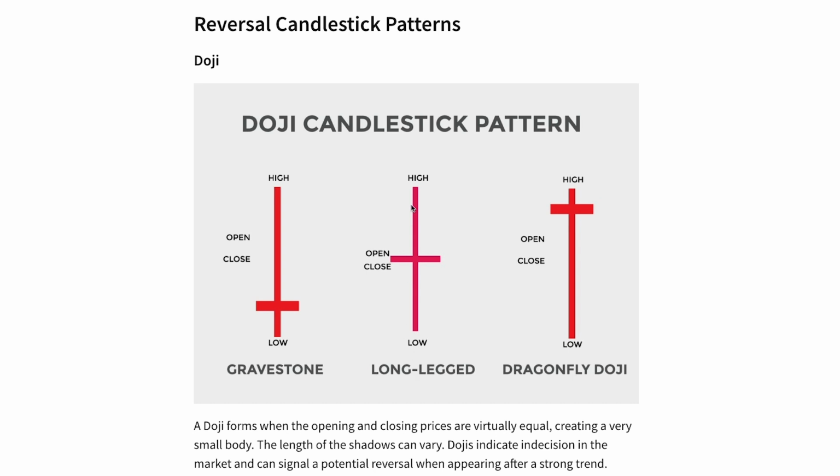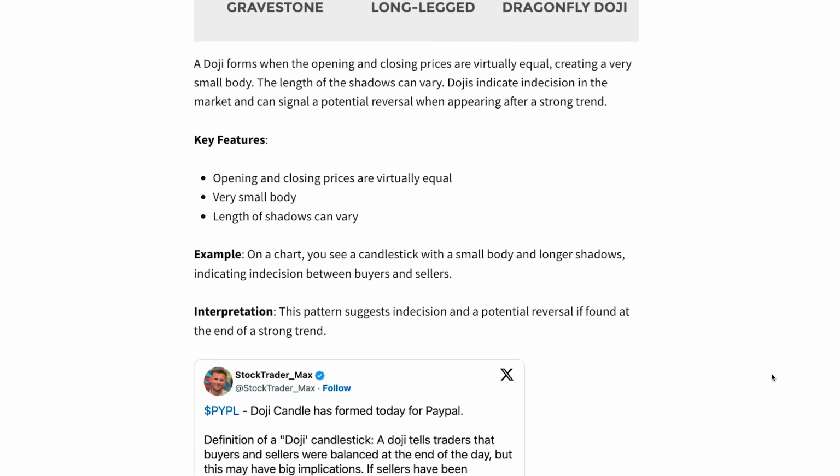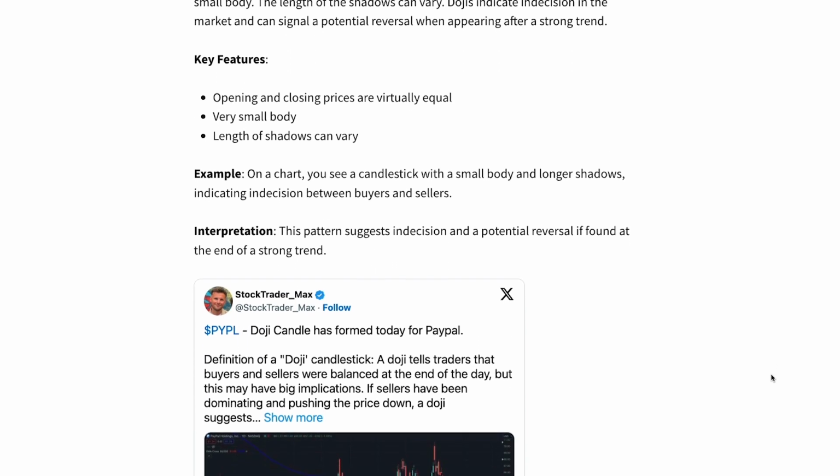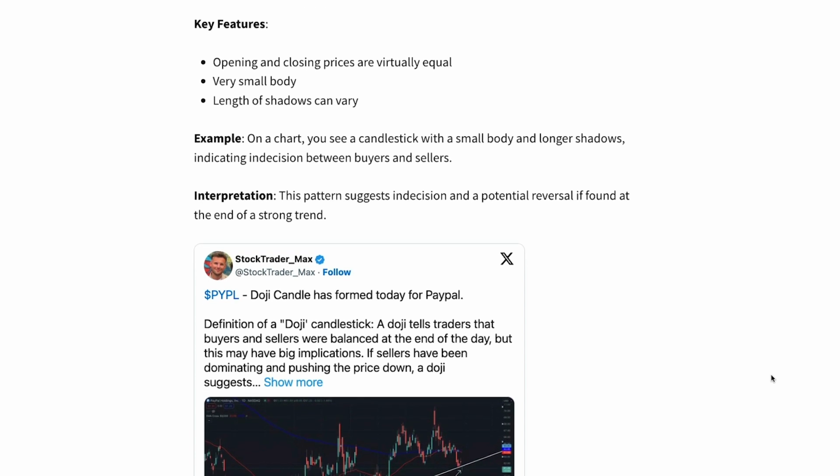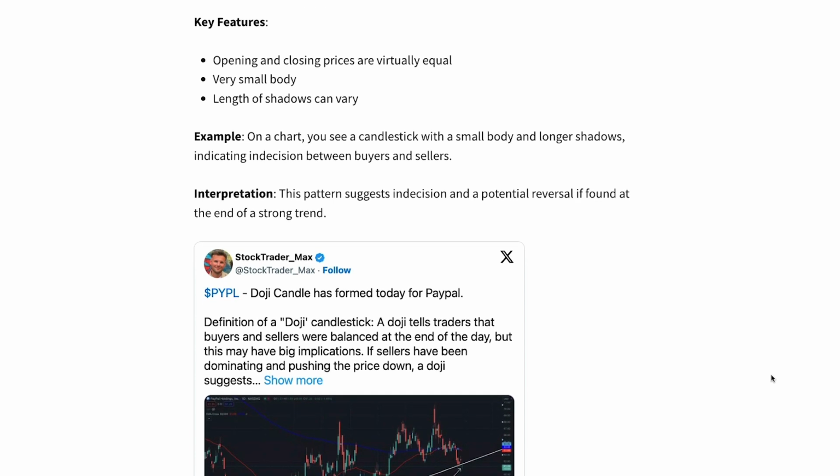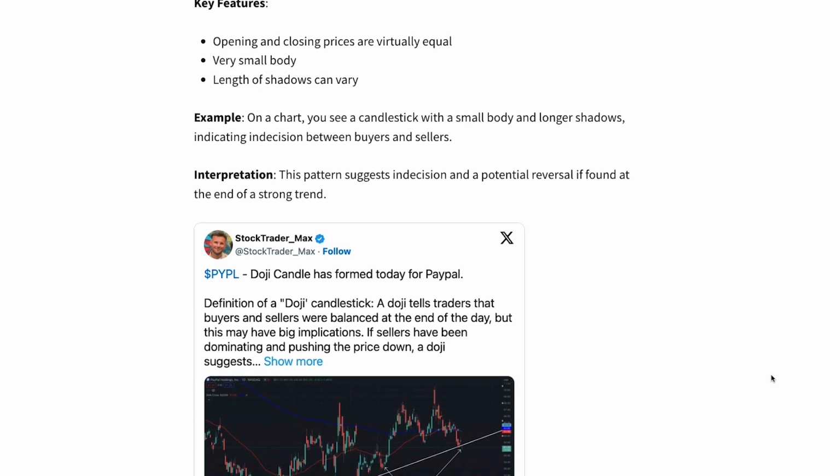Long-legged is basically in the middle, and then a dragonfly doji has a larger lower wick. So again, opening and closing prices are virtually equal, very small body, and the length of the shadows can vary. And again, this suggests indecision and a potential reversal if found at the end of a strong trend.